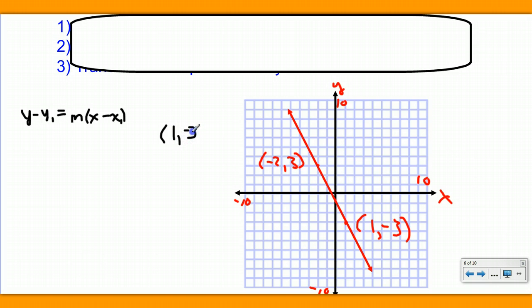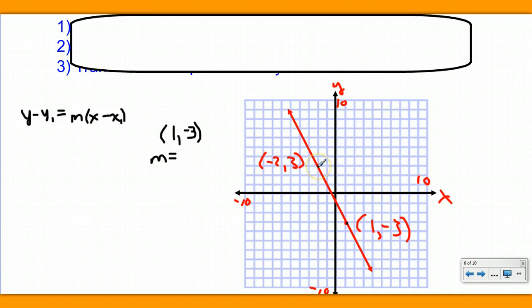So we'll use 1 and -3, that's our point. And then we do need our slope, don't we? So m can be found just moving from a point on the line to another point on the line. We like moving from left to right. That's just a nice consistent way to find our slope.